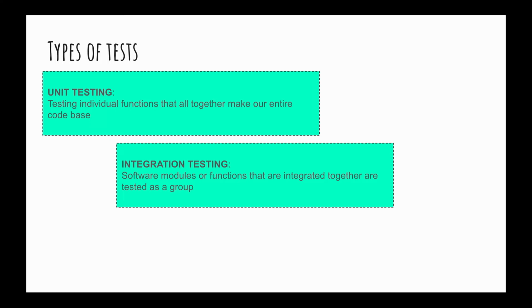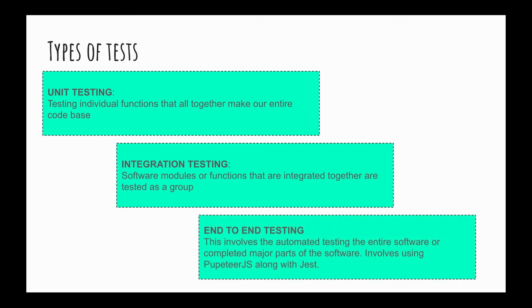The final type of testing is called end-to-end testing. This basically involves testing your entire software, your entire workflow, by using specialized software like Puppeteer.js, or I think Truffle as well. I use Puppeteer.js most of the time, along with Jest.